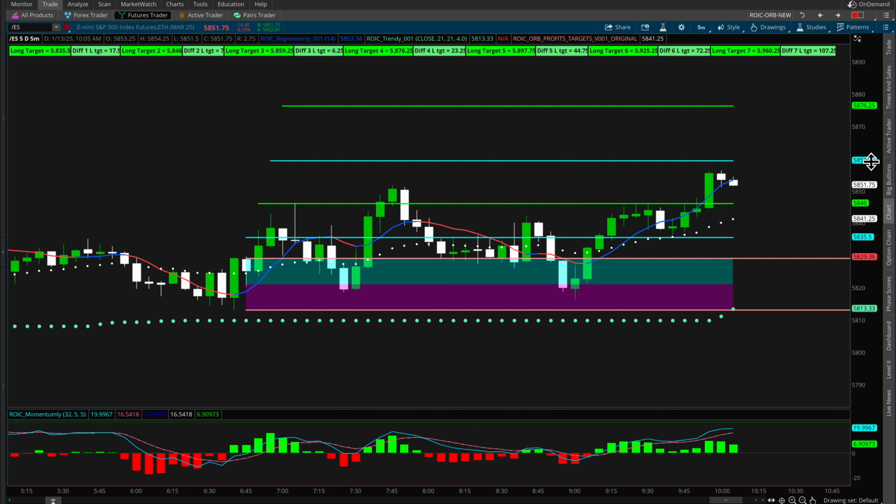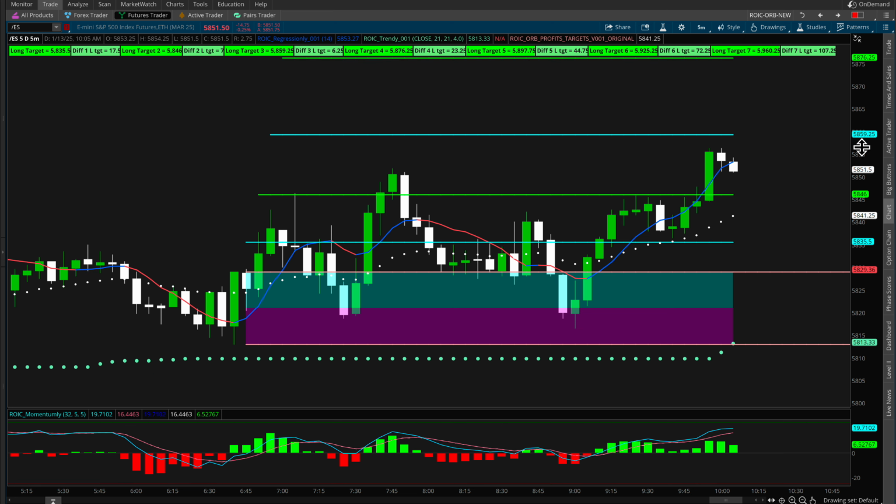Okay, as you can see, it is very, very powerful. All you need to do is just wait for confirmation and then take the trade. Not only right here, you have Trendly, which is green. You have Regressionly, which is blue, which is saying go up. And the RORB system is actually telling you that it's breaking above the 15-minute range.